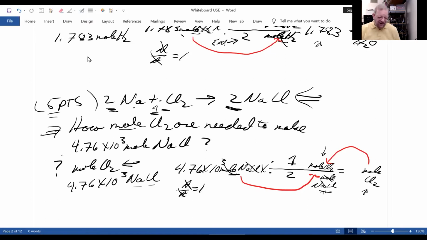And now I'll go to my calculator, but let me remind you, in this calculation, the number 1 and the number 2 come from a balanced chemical equation and those are exact numbers, and therefore my answer should have three significant figures. And now I can go to my calculator.